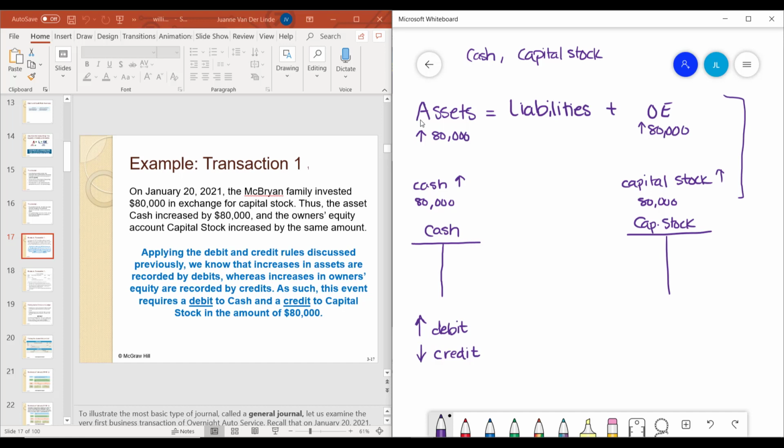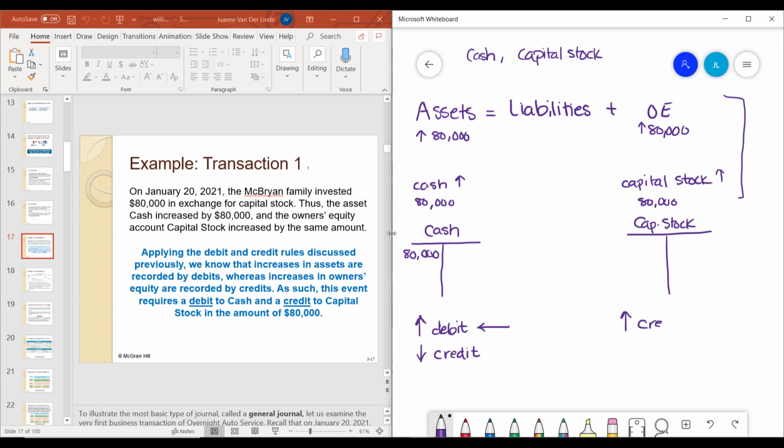So here, cash is going up. Cash is an asset. How do assets go up? With debits. So we have to show that increase of cash of $80,000 by putting a debit to cash here on the left-hand side. But debits need to equal credits, so if I debit something here, I need to credit something somewhere else, and that somewhere else is capital stock. How do you represent an increase to an owner's equity account?